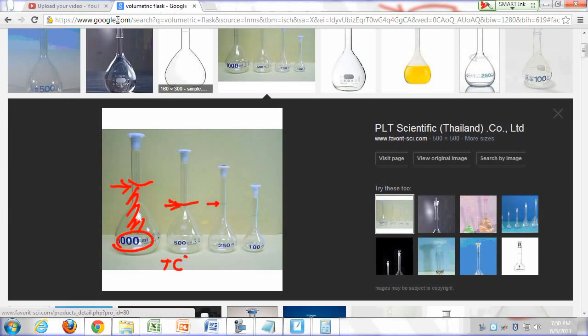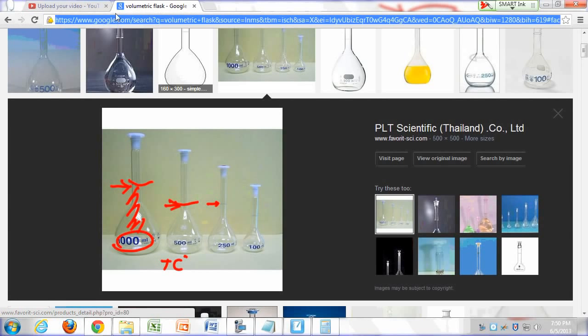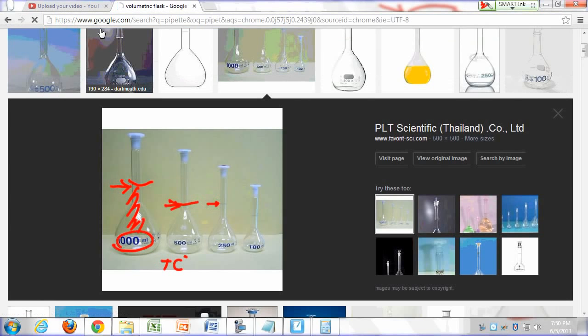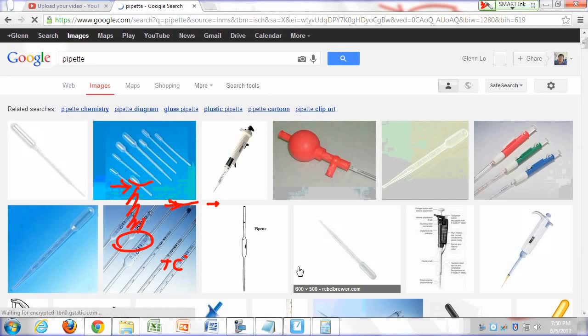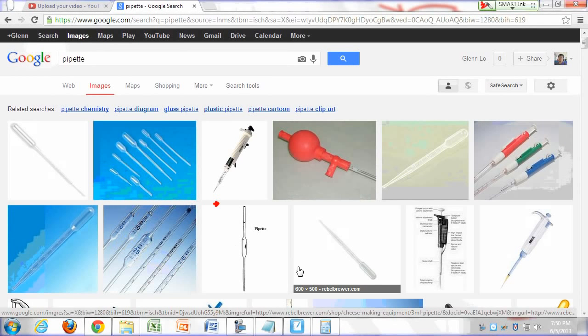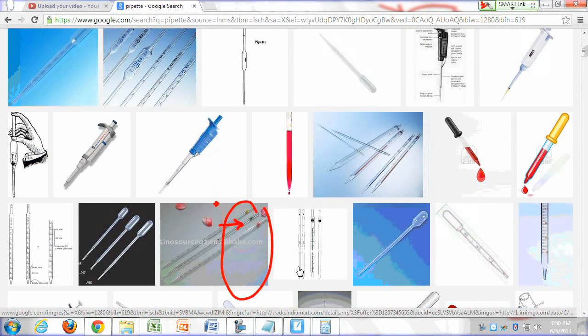An example of a piece of glassware that's intended to deliver would be a pipette. Let's look for images of pipettes. These are pipettes, and they come in different sizes, so you have to fill them to the marks. This particular type of pipette is designed to deliver a particular volume, or you can also use a graduated cylinder.